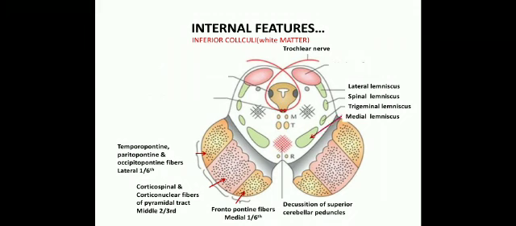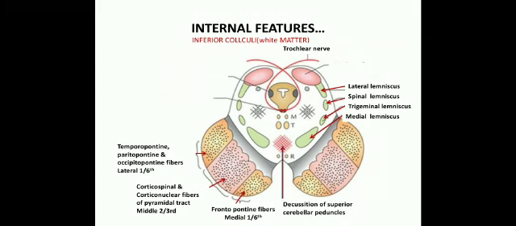The tegmentum contains the ascending tracts in the form of lemnisci. From medial to lateral, it includes the medial lemniscus, trigeminal lemniscus, spinal lemniscus and the lateral lemniscus. They are arranged like a band, giving the appearance of a necklace.